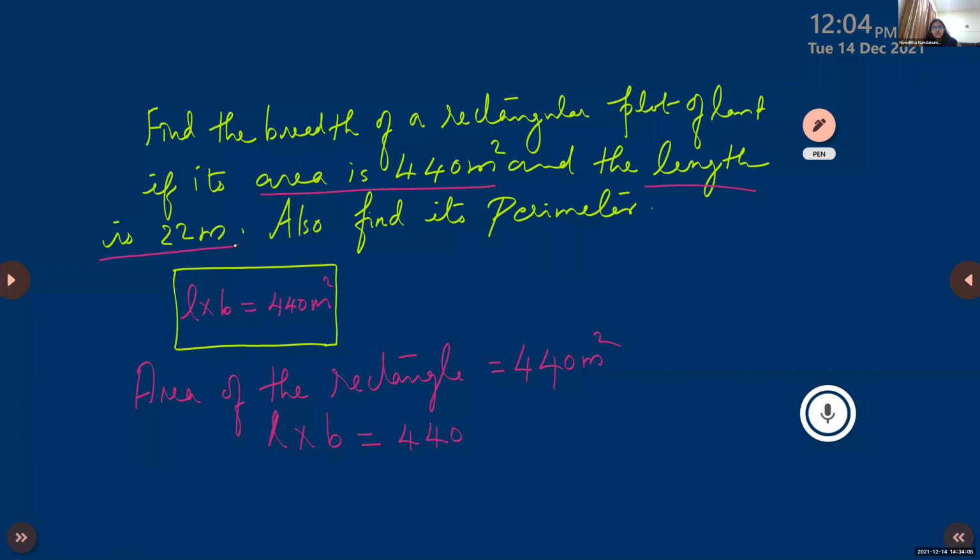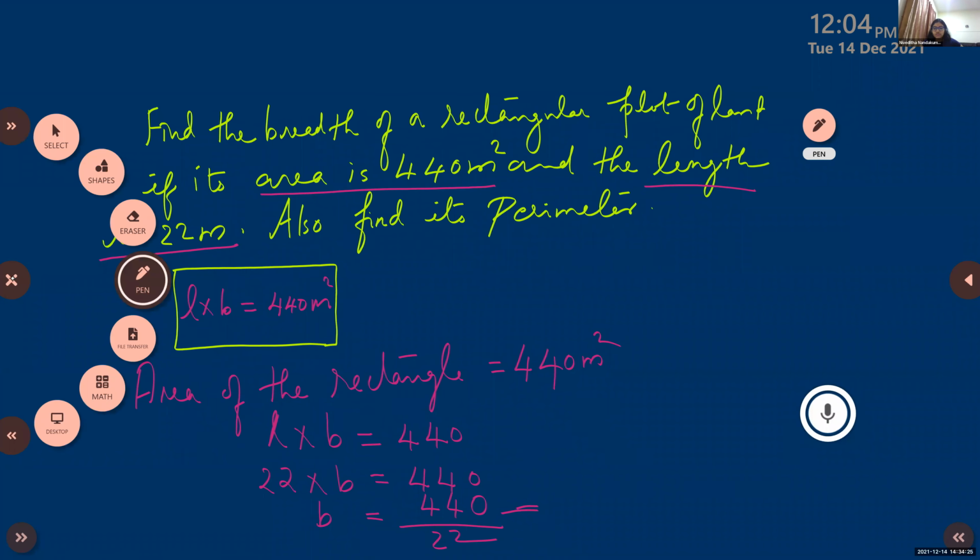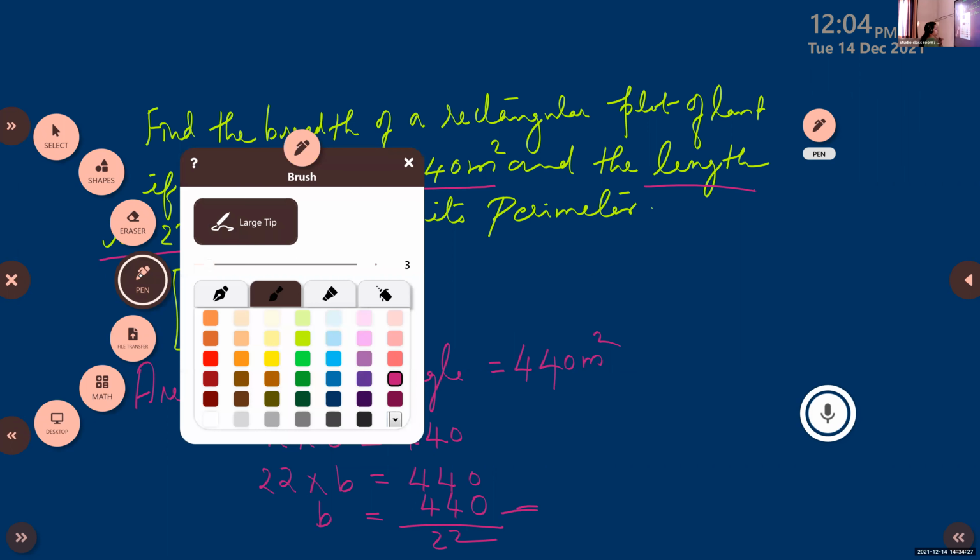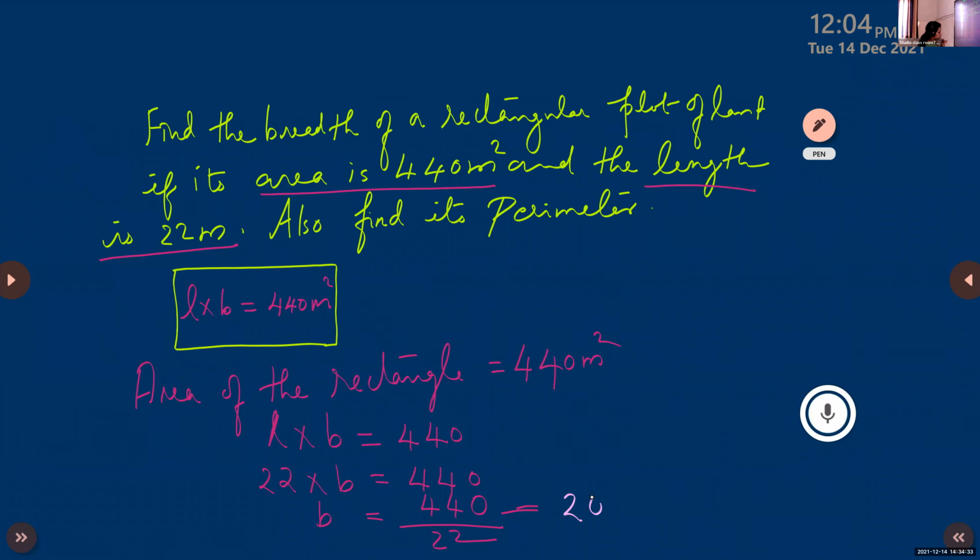So 22 into breadth is equal to 440. So what is breadth, children? Transpose. 440 by 22. How much is it? 20. 22 into 2 is 44. So we will get 20 meter as the answer.